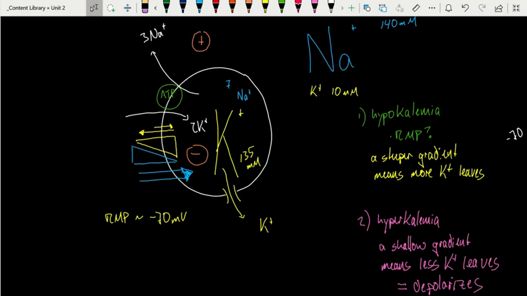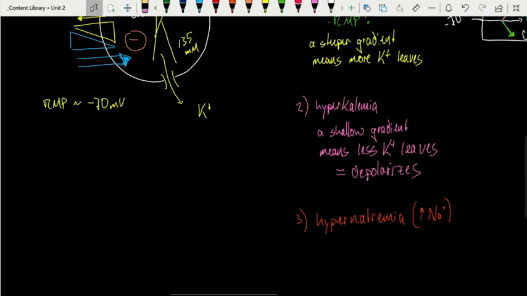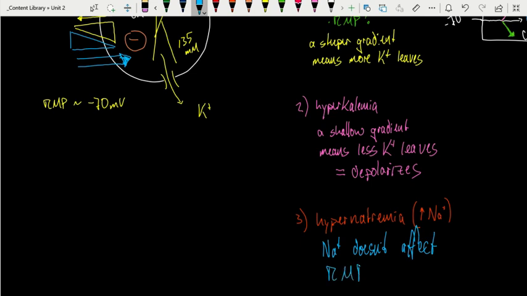Now, as a prelude of what we're going to talk about next time, certainly the action potential is dependent on sodium gradients. Certainly changing sodium concentrations would affect the action potential. But for natremia, for hyper or hyponatremia, sodium doesn't affect resting membrane potential.